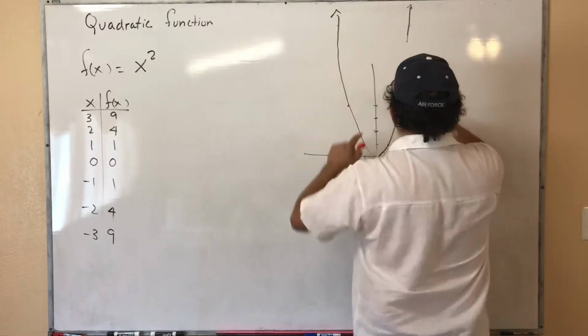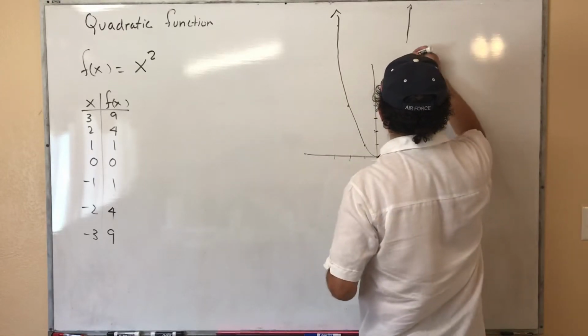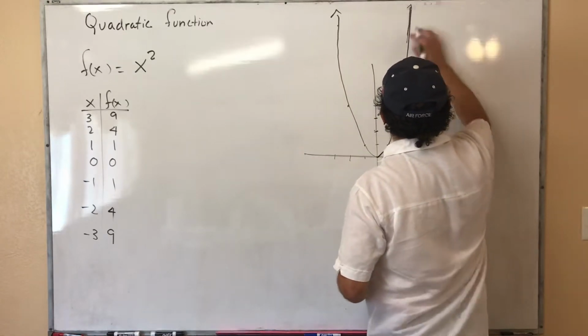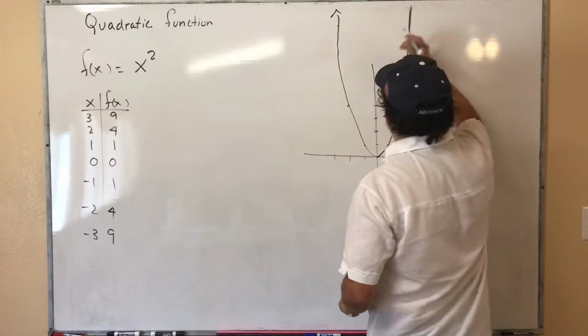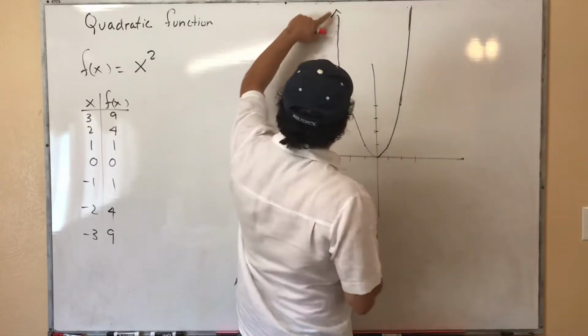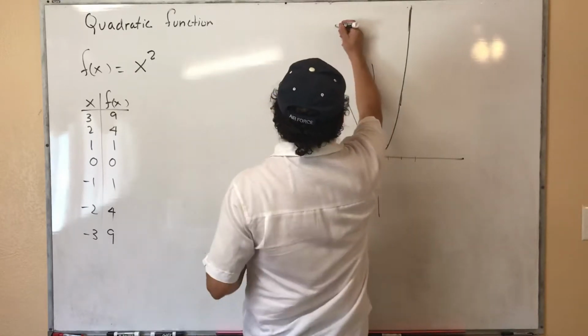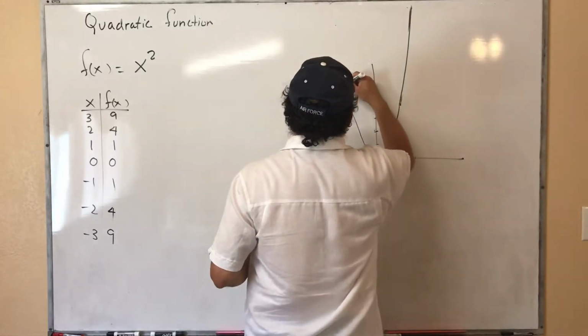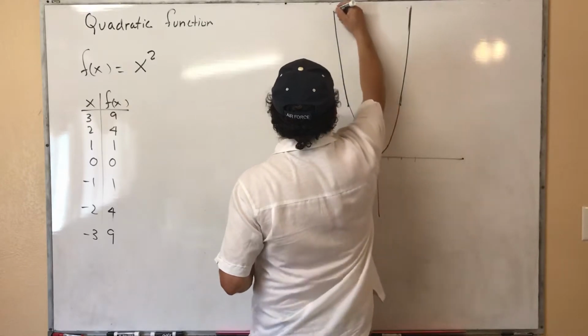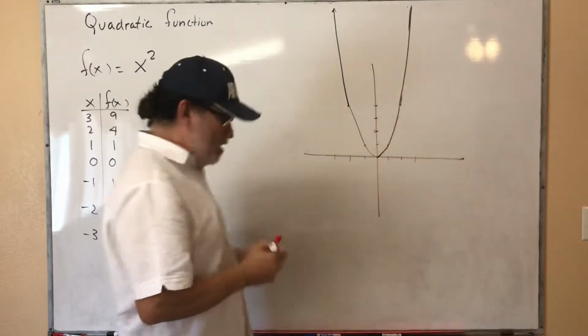Yeah, that's better. This side is ugly, to be honest with you. So therefore, it's a parabola.